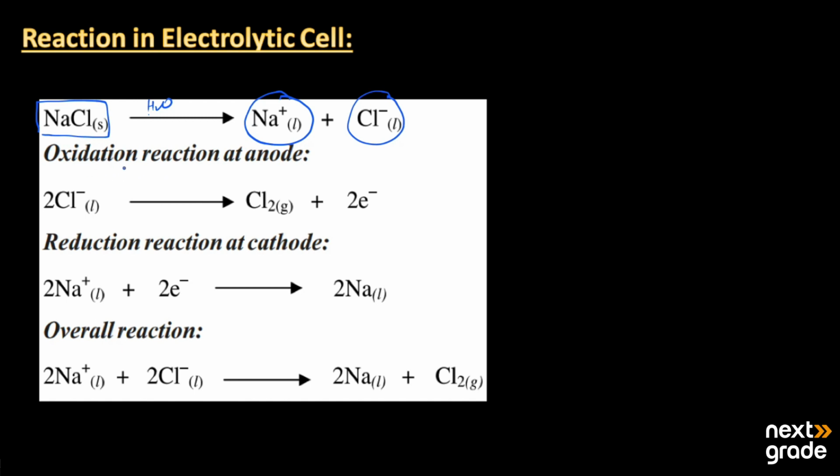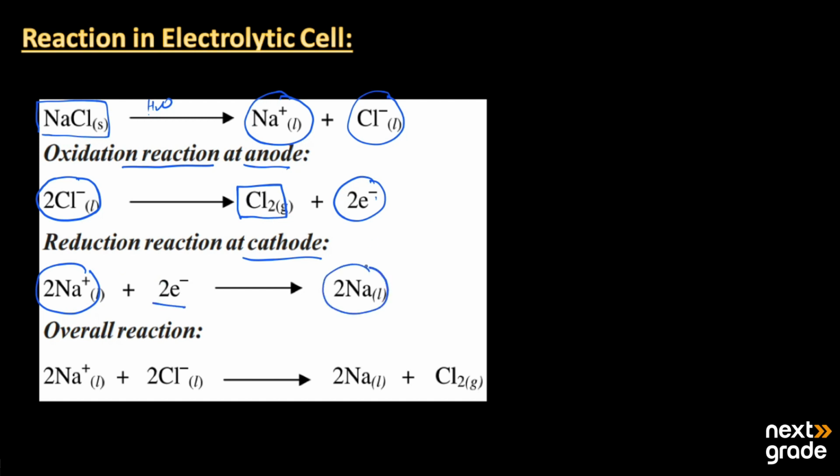Now, the process of oxidation takes place at the anode, in which the chloride, carrying a negative charge, forms chlorine gas, and two electrons are given off. Now these electrons will move towards the cathode, and the sodium, which was in the positive state, gains the electron and changes into sodium metal.